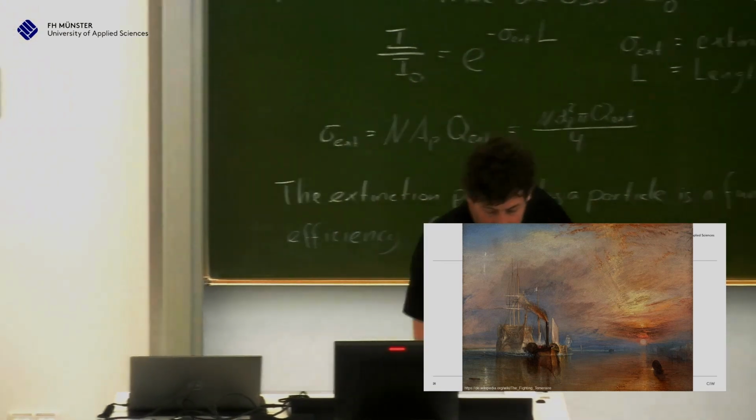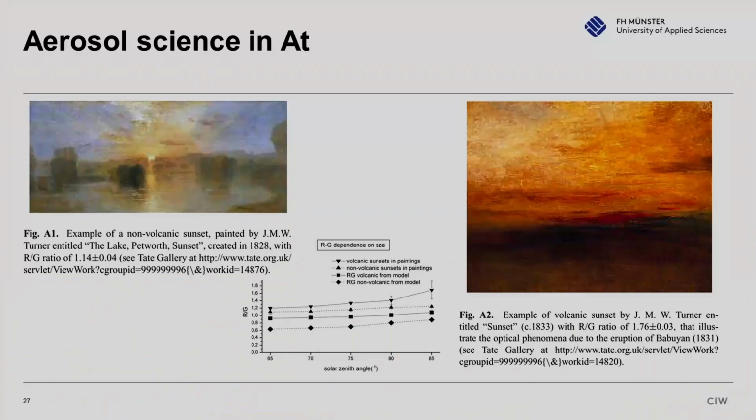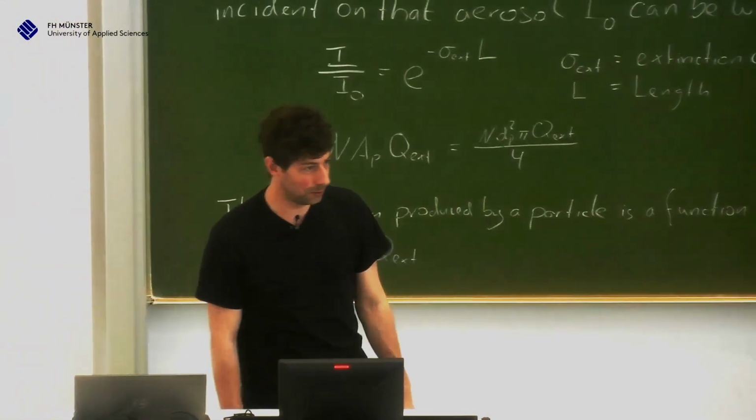And you can do research on these images, because the problem is the measurement systems we have nowadays, we didn't have 200 years ago. So it's not so easy to understand the climate. I mean, you can drill and get ice, whatever you take out there, but paintings are a very useful tool.